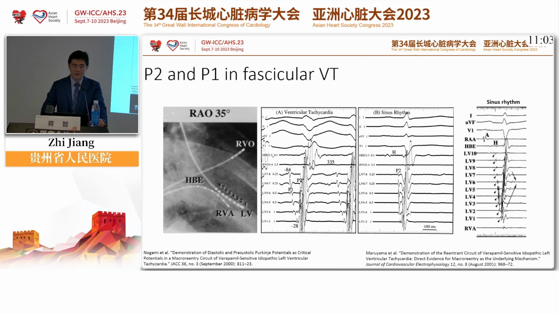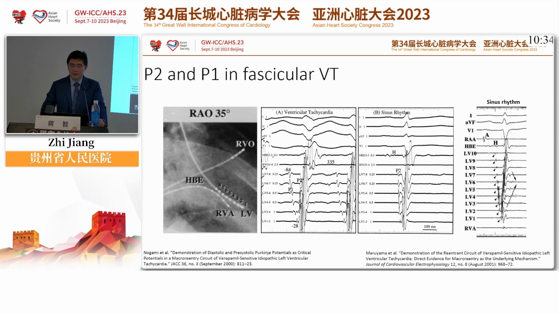It was usually buried in the V wave during sinus rhythm, but it preceded during ventricular tachycardia, and it conducts from the proximal to the distal. And in some level of the multipolar catheter, the P1 will fuse with the P2.